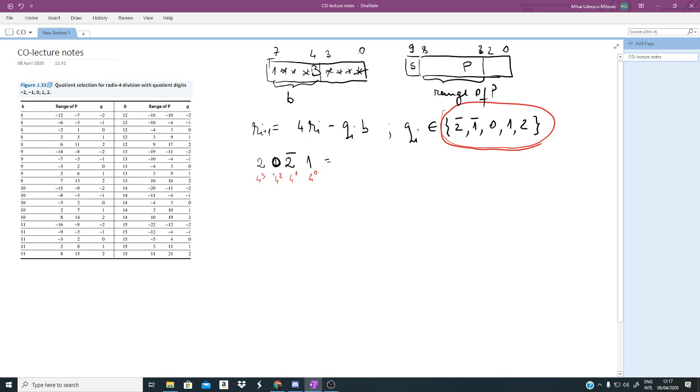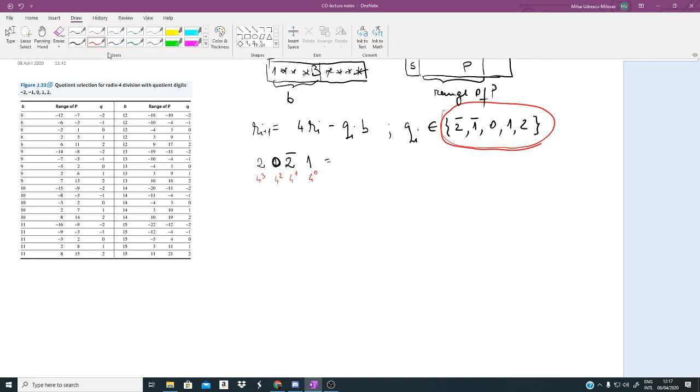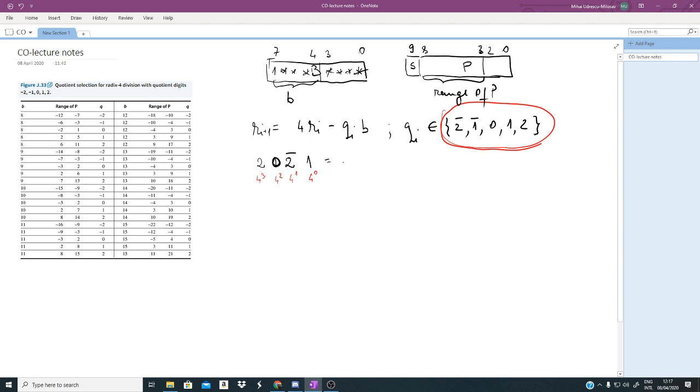So what we have here is 2 times 4 to the power of 3 plus 0 times 4 to the power of 2, but that's 0, minus 2 times 4 to the power of 1 plus 1 times 4 to the power 0.